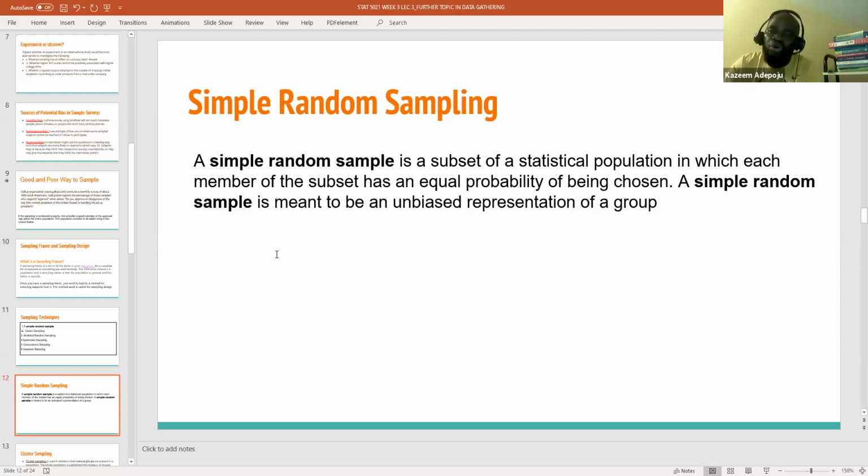If 1,000 people purchase lottery tickets, by the time they're doing the raffle draw to pick the winner, they're going to do it in a way that everyone in that population has an equal chance of being chosen as the winner. No favoritism, no biasedness.